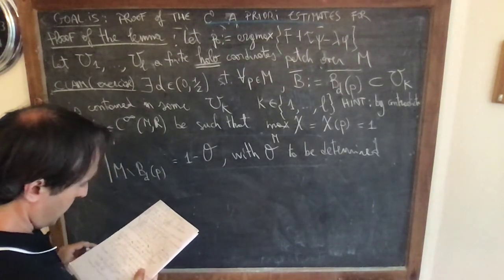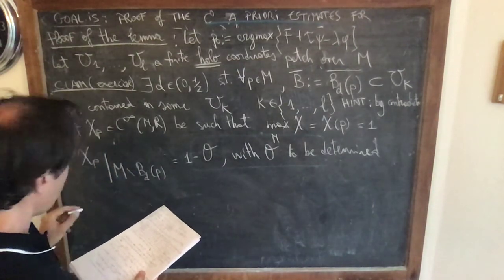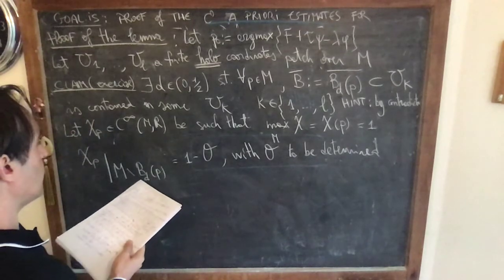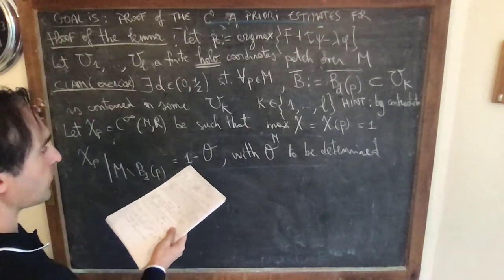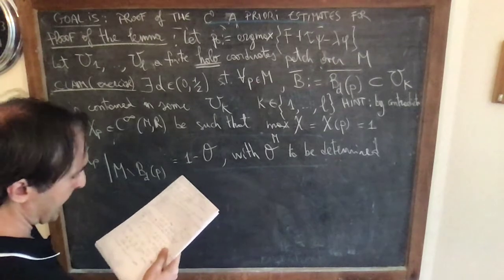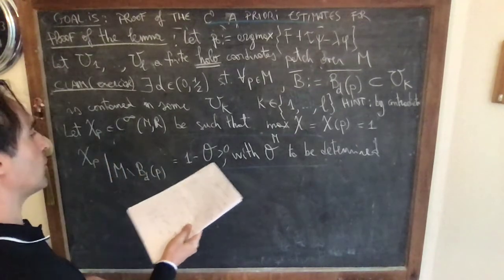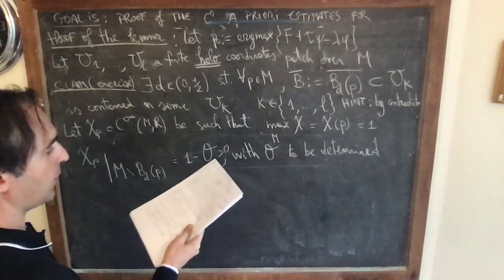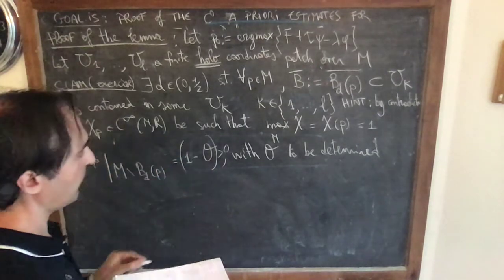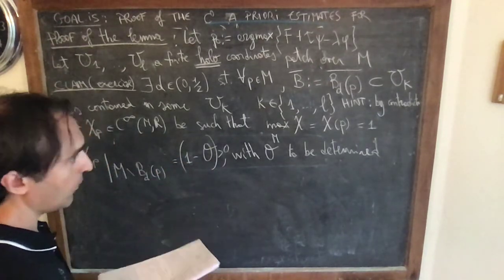So outside this ball centered at P, the cutoff function is still positive, 1 minus theta is meant to be a positive number.